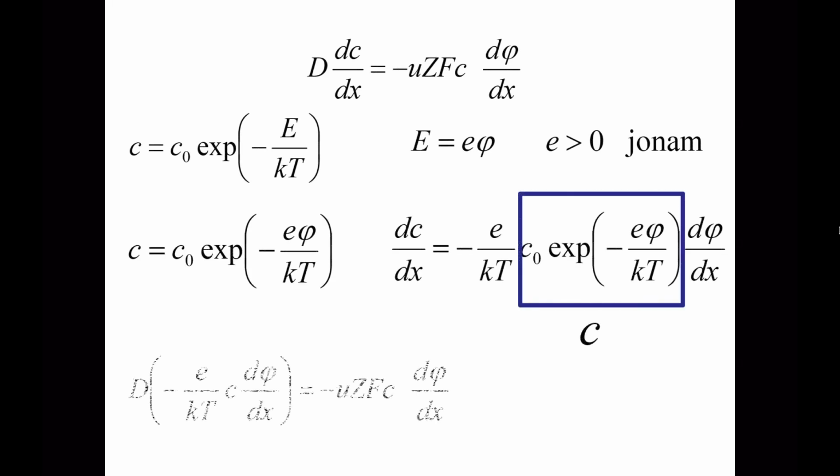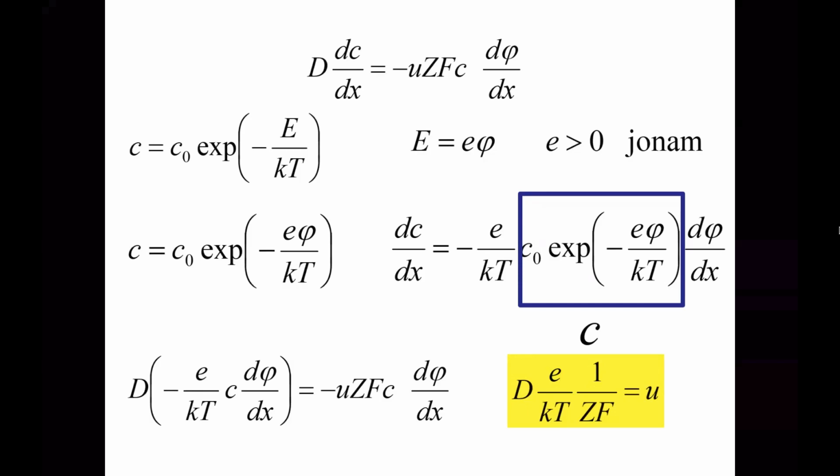Finally, we have achieved a formula that the diffusion coefficient is directly connected to the mobility of the electrical charge. If an electrically charged particle, for instance an ion, goes through the membrane because of the voltage, the particle has a mobility.